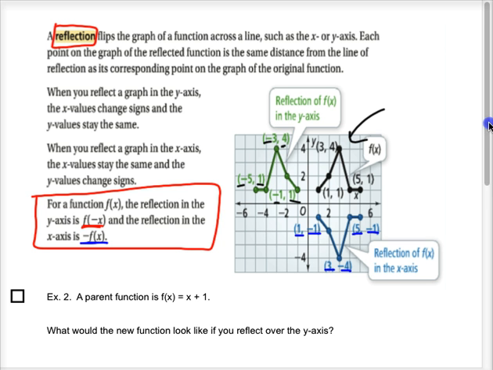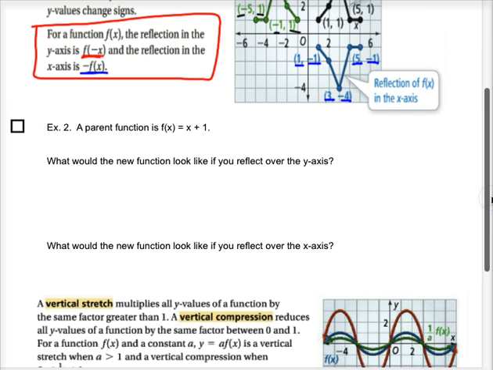And now, let me show you what ends up happening. So, what would the new function look like if you reflect over the y-axis? So here's our parent function, okay? So across the y-axis. Again, I want you to look back up at this box. Use that box as a reference to help you keep this straight.